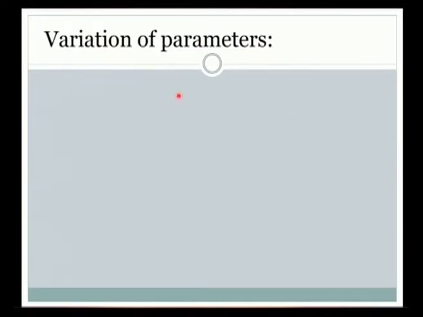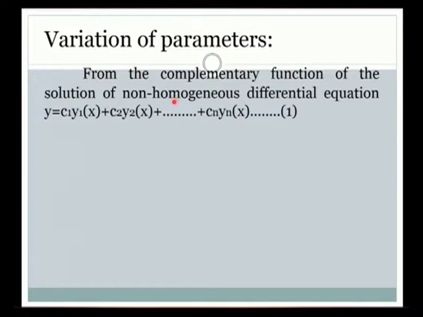Variation of parameters. From the complementary function of the solution of non-homogeneous differential equation, we obtained an equation like this, that is y = c1 y1(x) + c2 y2(x) + etc. + cn yn(x), where these c1, c2, cn are all arbitrary constants.